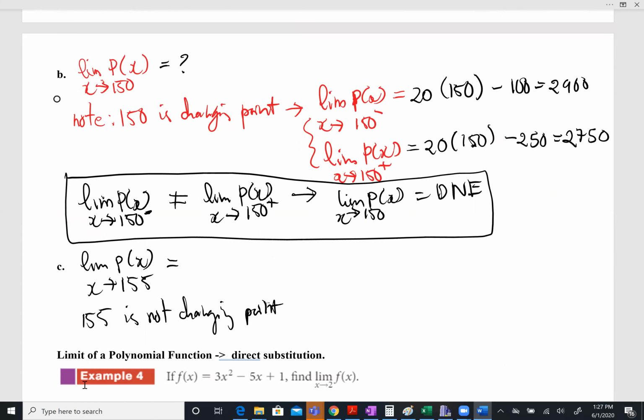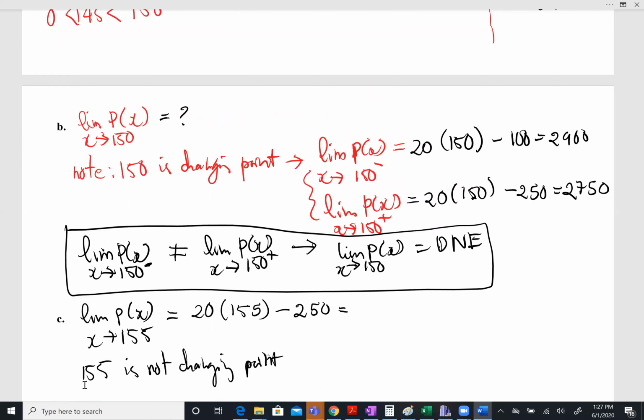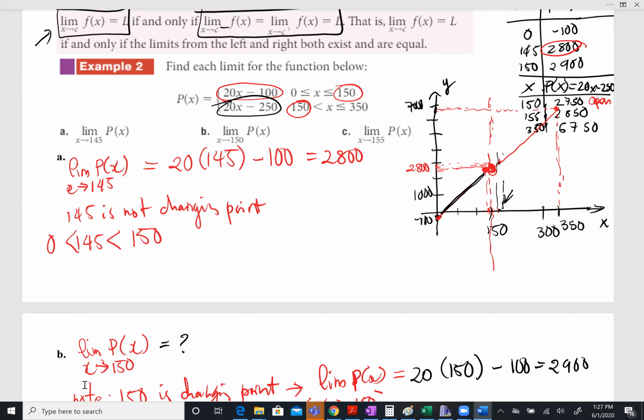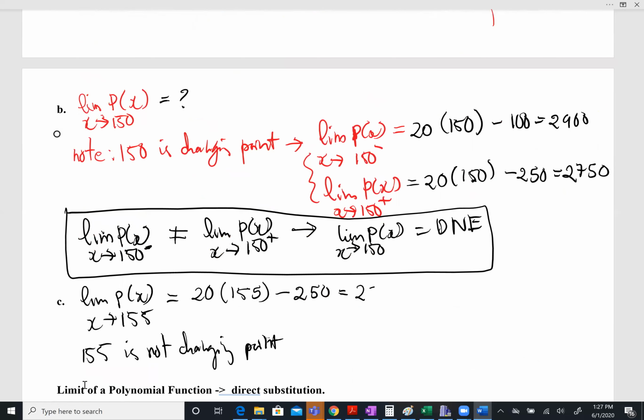It's going to be 20 times 155, and then minus 250, and then you will get, what is that, 2,850. 2,850 is going to be the limit of p(x) when x goes to 155.